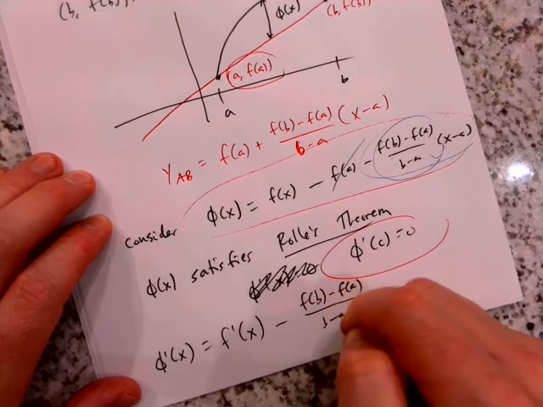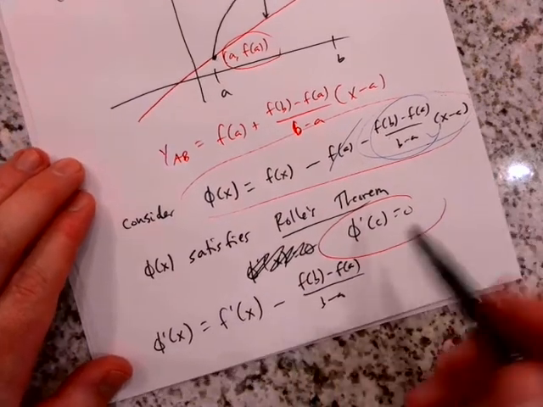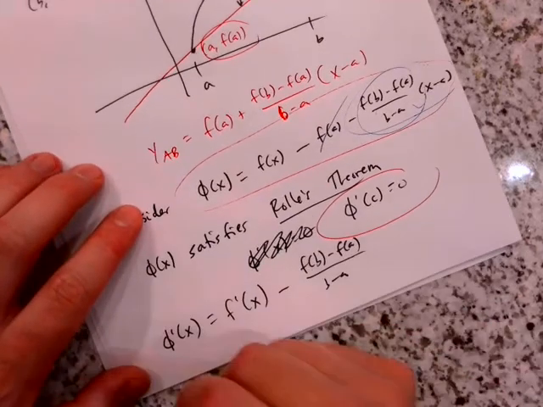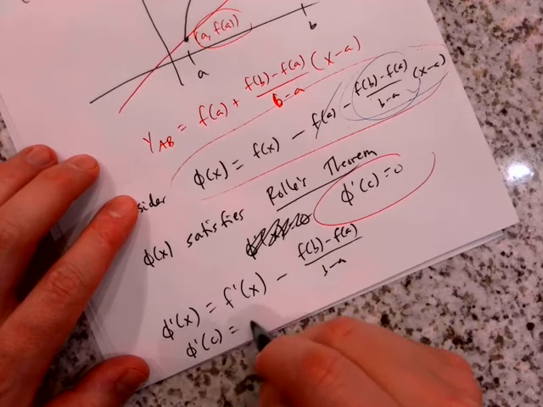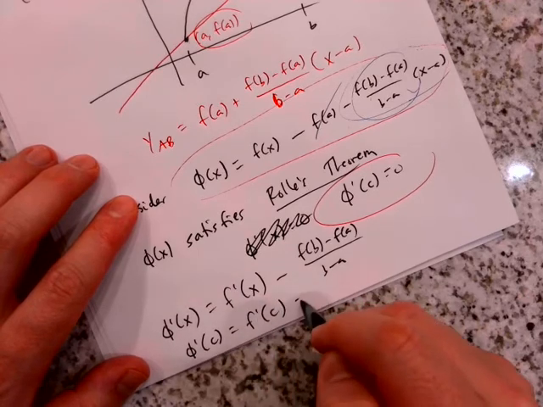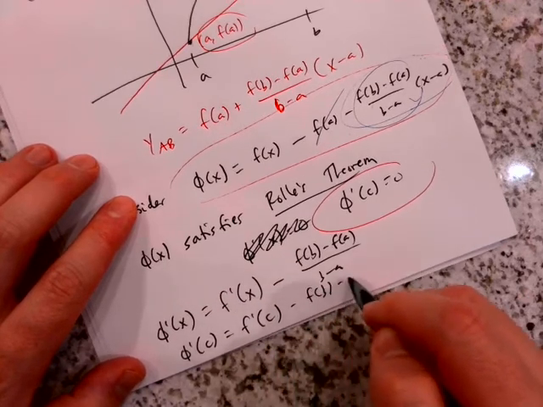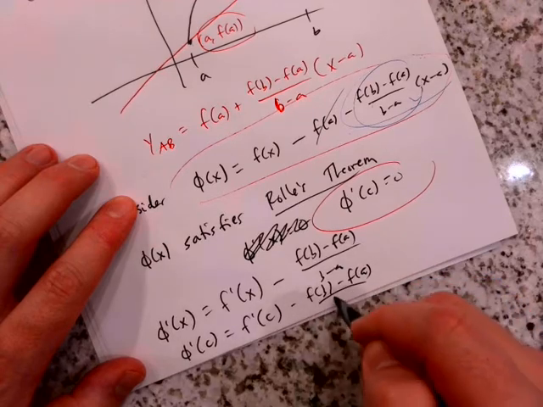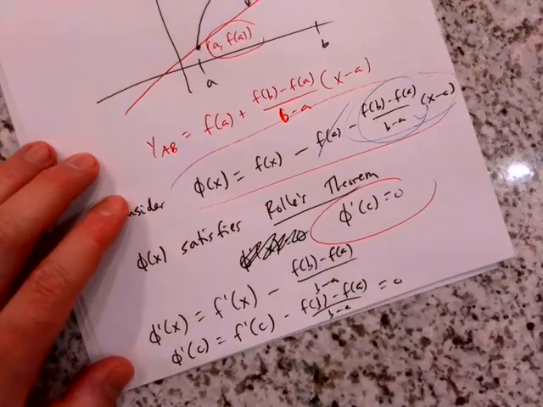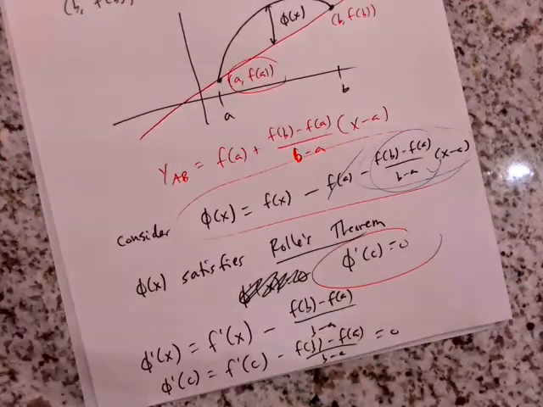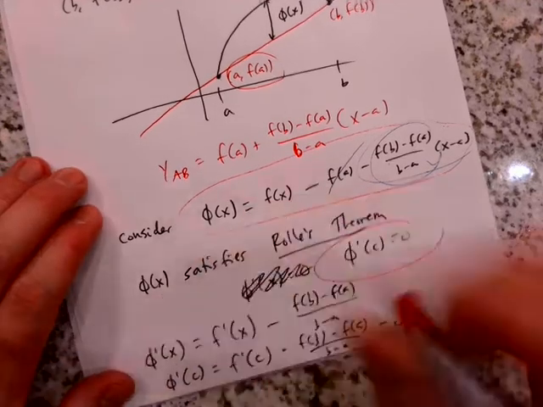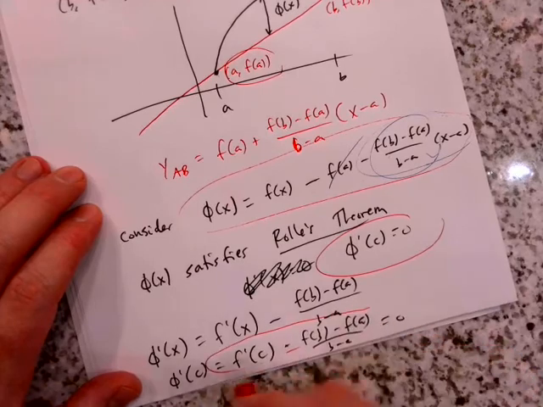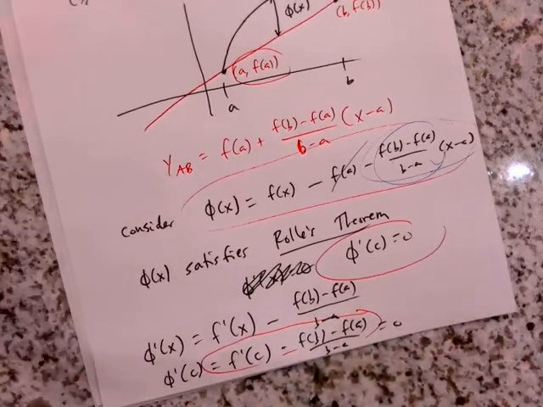So this is the derivative of phi. Phi prime of c has got to be 0. So when we plug c into this, f prime of c minus the average slope from a to b equals 0. And I'm short on space, but if you add over this term to the right side, you get the desired result. F prime of c has got to equal the average slope.